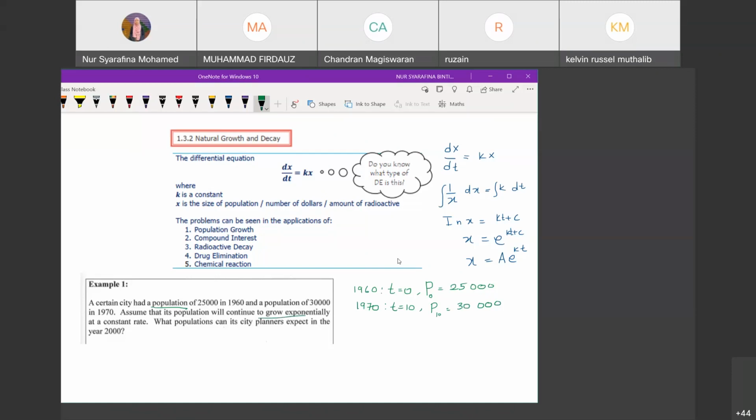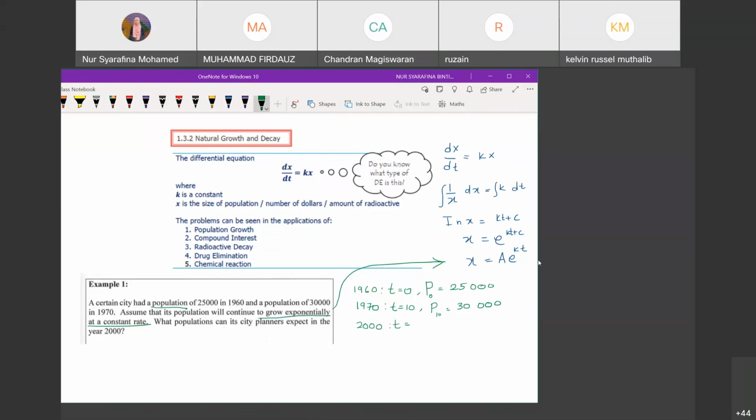So you know it grows exponentially at a constant rate by looking at the solution of this population growth. X is proportional to e to the power of kt. So it grows exponentially at a constant rate. What population can city planners expect in the year 2000? So in 2000, t now becomes what?